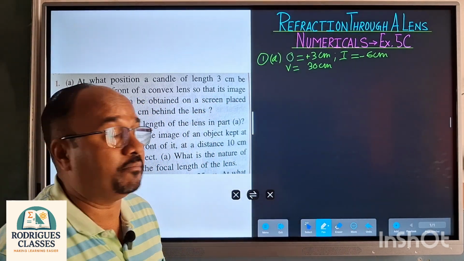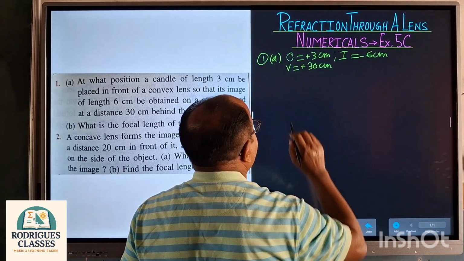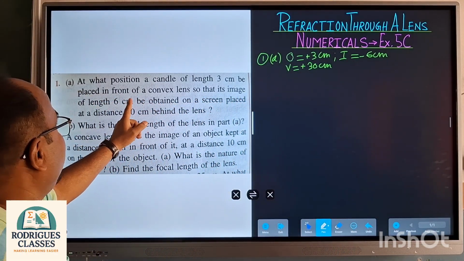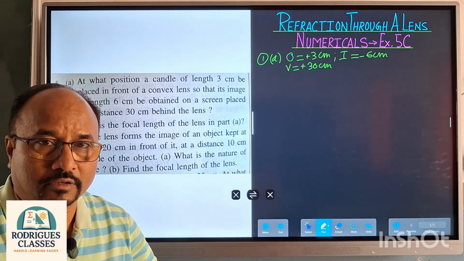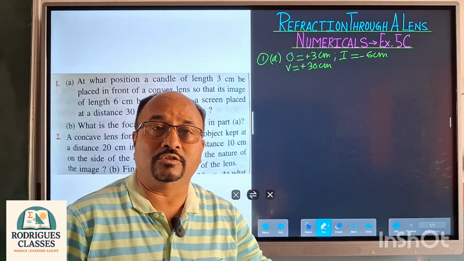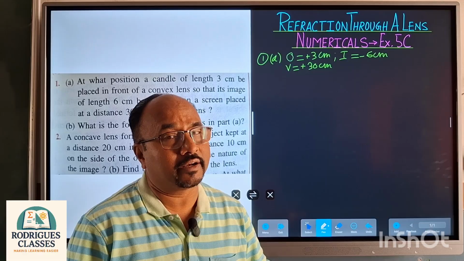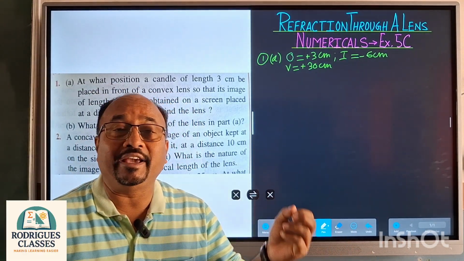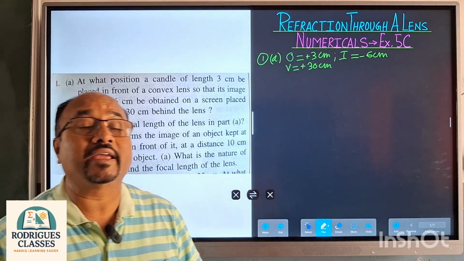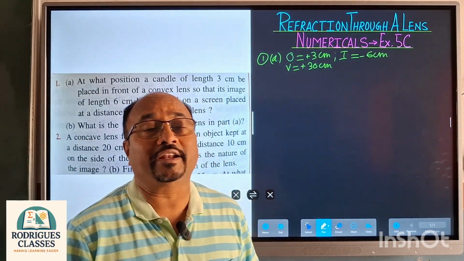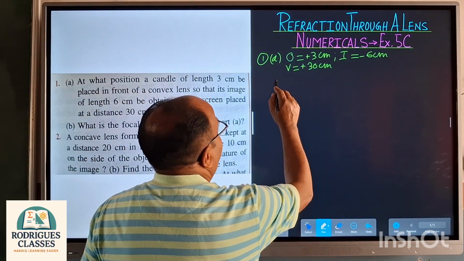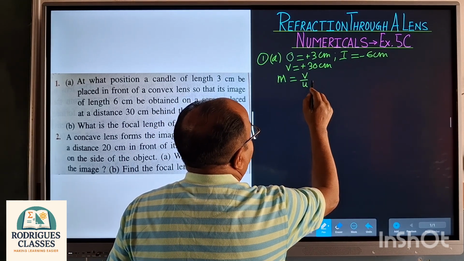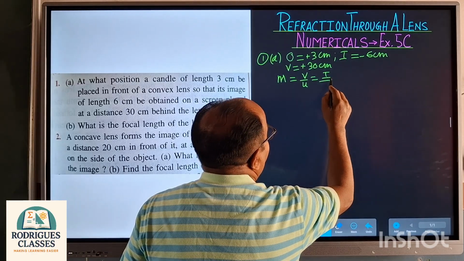V for a real image is positive, so it is written here as positive. We are asked to find the place where the object will be kept. I is known, O is known, so magnification can be calculated. Magnification is then related to the image distance and object distance, so I can write both formulas of magnification and relate them. I will write here M equals V by U and then equal to I by O.